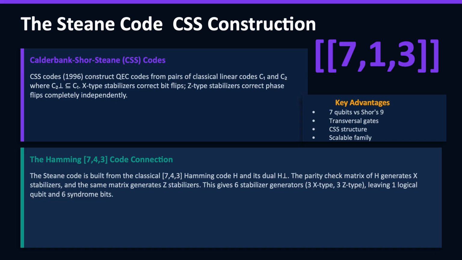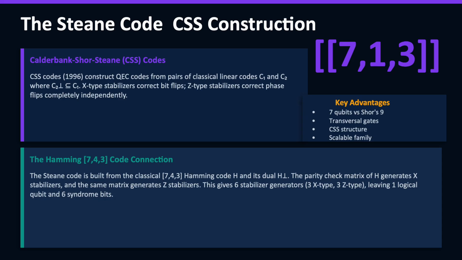The Steen code, developed by Andrew Steen in 1996, represents a significant advance over the Shor code in terms of efficiency and elegance. Where Shor needed 9 physical qubits to protect one logical qubit, Steen found a way to do the same job with only 7.